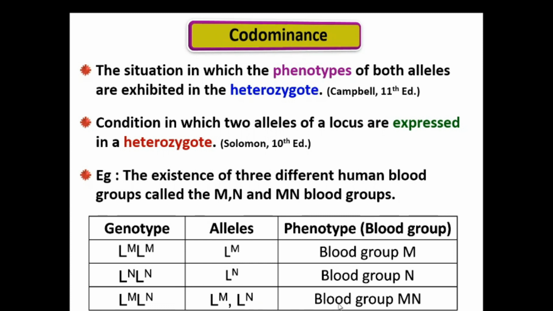So this will result in blood group MN, meaning that both LM and LN are expressed in the phenotype. In other words, in the heterozygous, they will express both LM and LN in their phenotype.